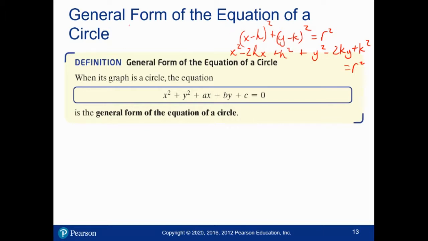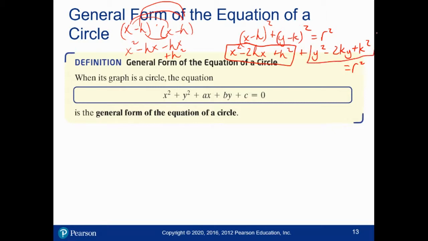If you just FOIL out x minus h times x minus h, you get x times x, x squared, minus h times x, but then you get another minus h times x, and then finally you get a plus h squared. So it's x squared minus 2hx plus h squared. When you do the same thing to the y minus k term, you get these things right here, and the right-hand side is still just r squared.